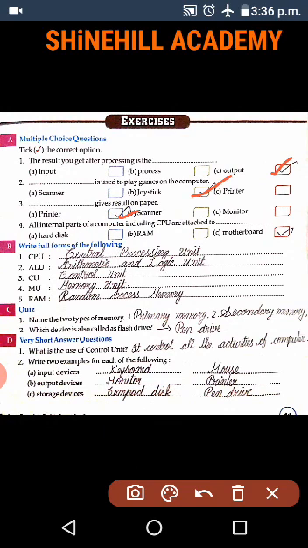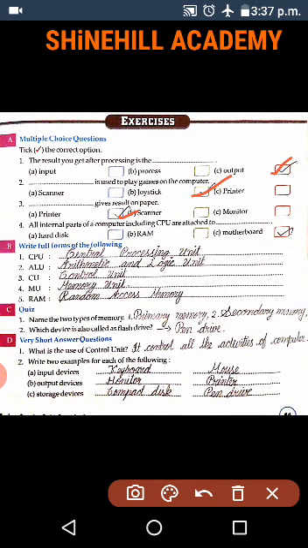All internal parts of a computer including CPU are attached to the motherboard. And then write full forms of the following. First one, CPU, Central Processing Unit. ALU, Arithmetic and Logic Unit. Third one, CU, Control Unit. Fourth one, MU, Memory Unit. Fifth one, RAM, Random Access Memory.